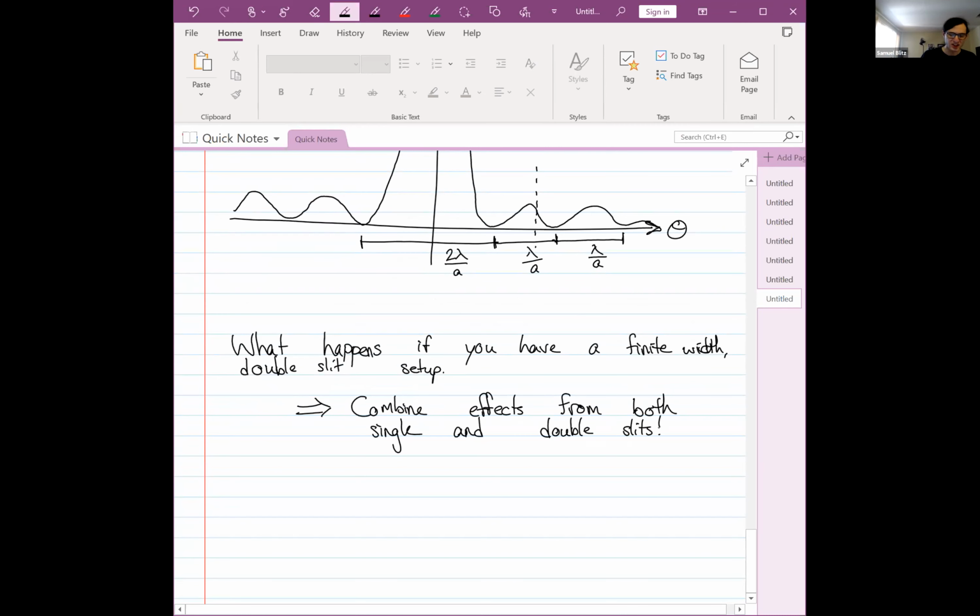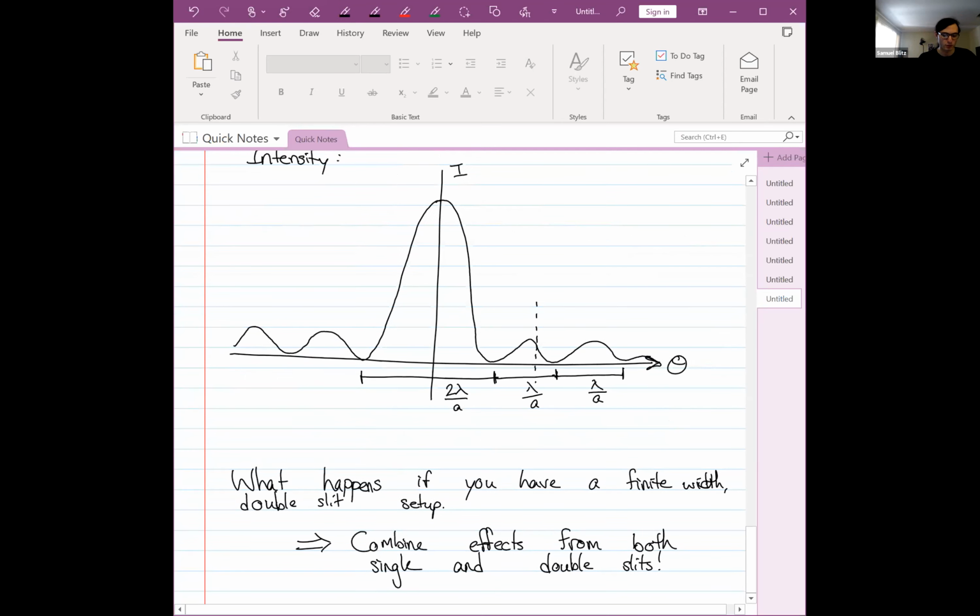So one way to view this, and this is described really well in the Liber text, is if you have a plane wave moving towards your single slit, then the single slit tells you how that interference pattern will look on the screen.